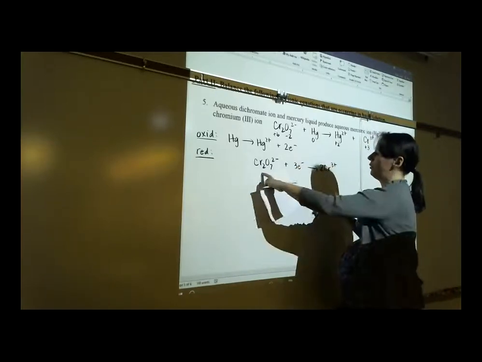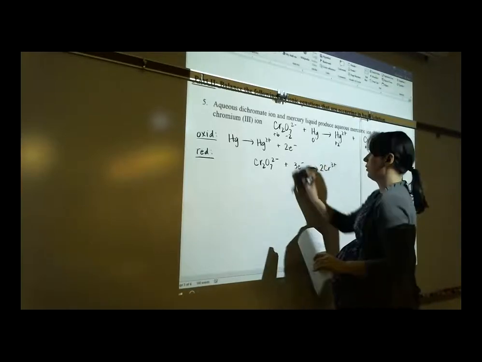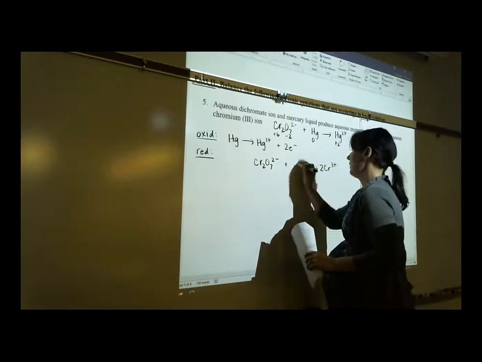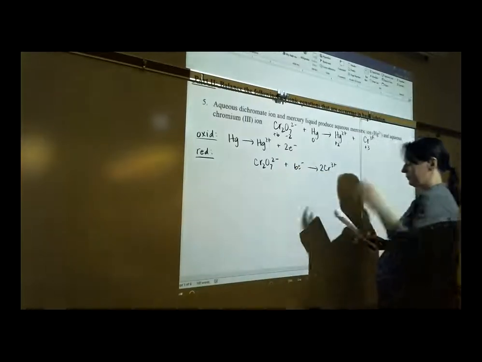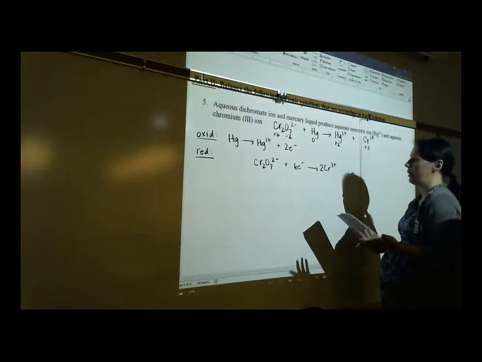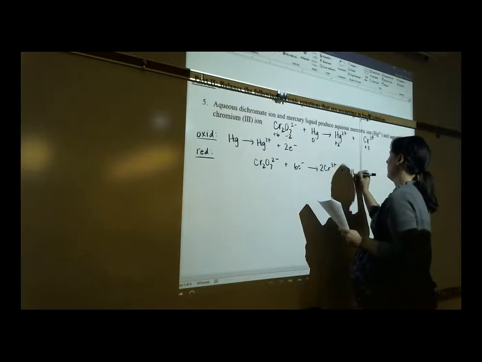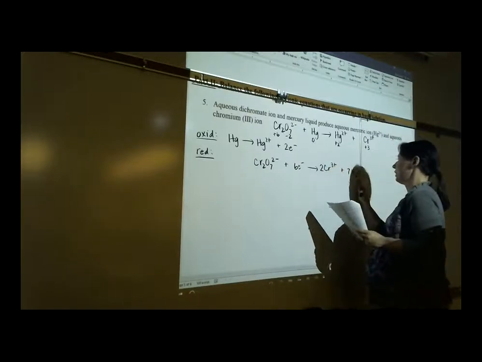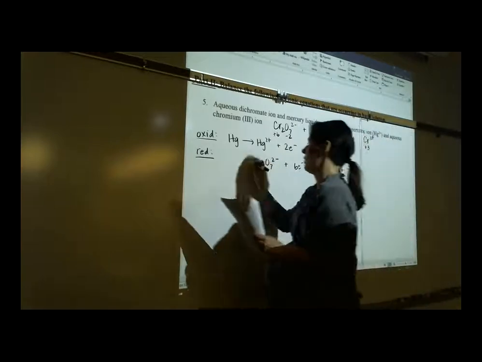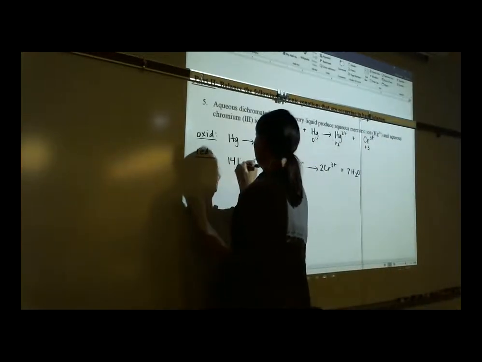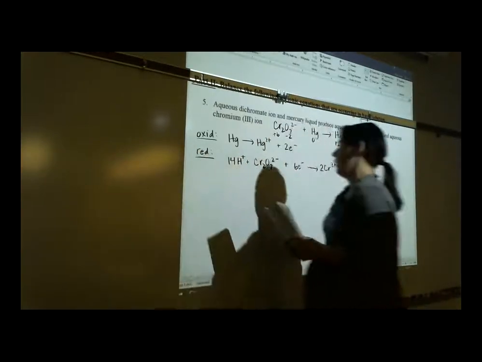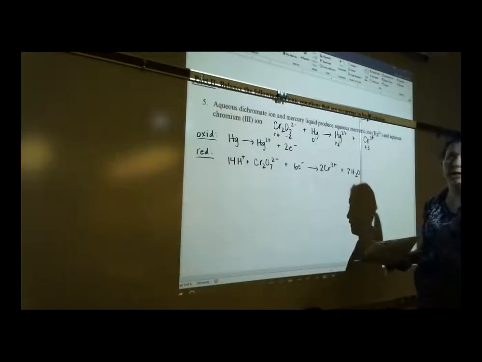So if 1 chromium gains 3, then 2 chromiums are going to gain 6, right? Now I need to balance our waters and hydrogens. 7H2O, 7 times 2 is 14, so that gives me 14H+. Okay, that's what it would look like if we were in acid solution.